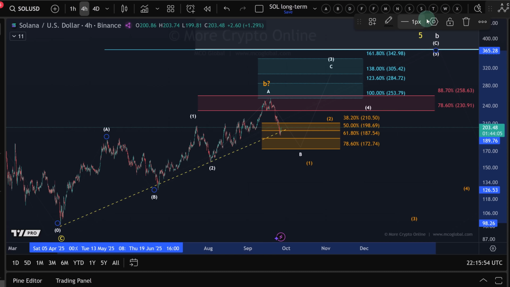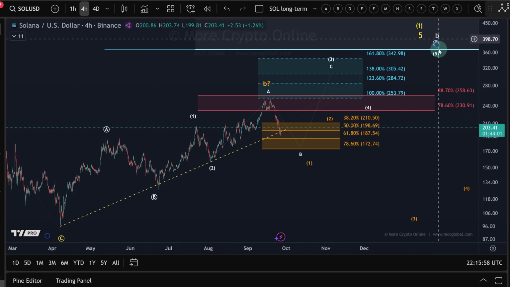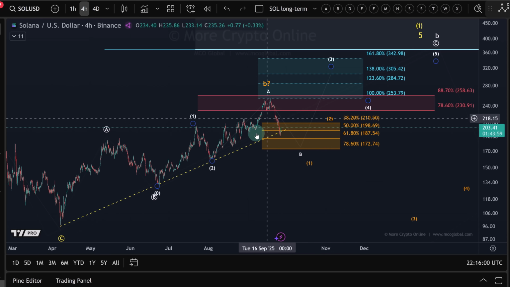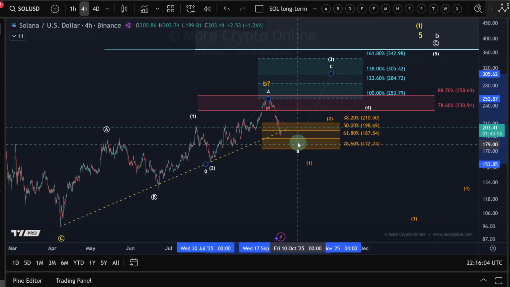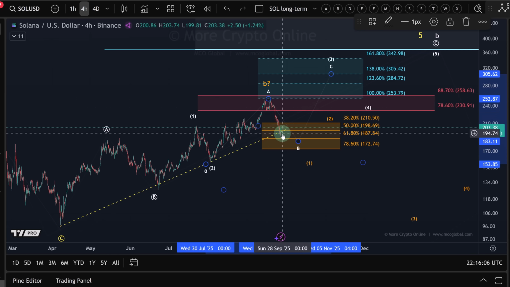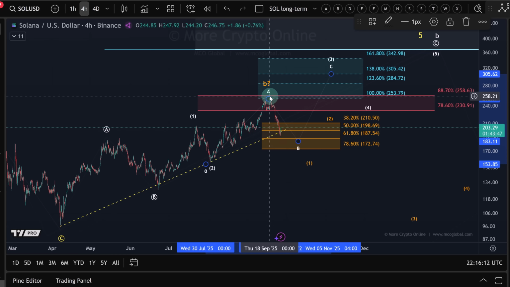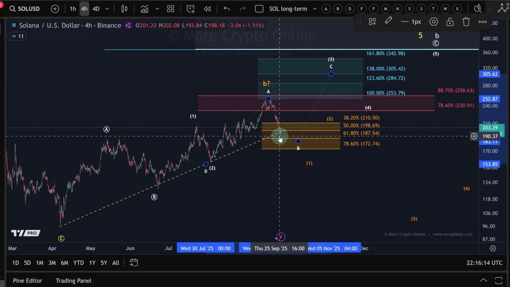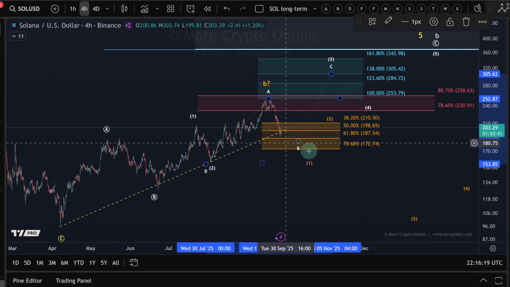But because there is still a larger time frame bullish scenario, and there is a support area that keeps the bullish count alive, I'm not going to be bearish as such and assume that we have a major top just because we have a 5-wave move down, because this 5-wave move down is holding support.